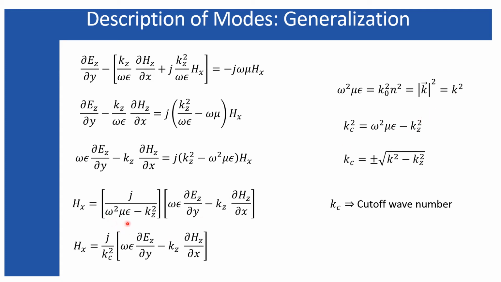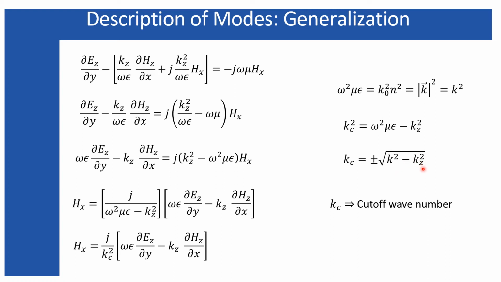Now this part I'm denoting over here by Kc. So Kc is basically the square root of k square minus kz square, where k square is omega square mu epsilon. So what does this expression state? What was kz?